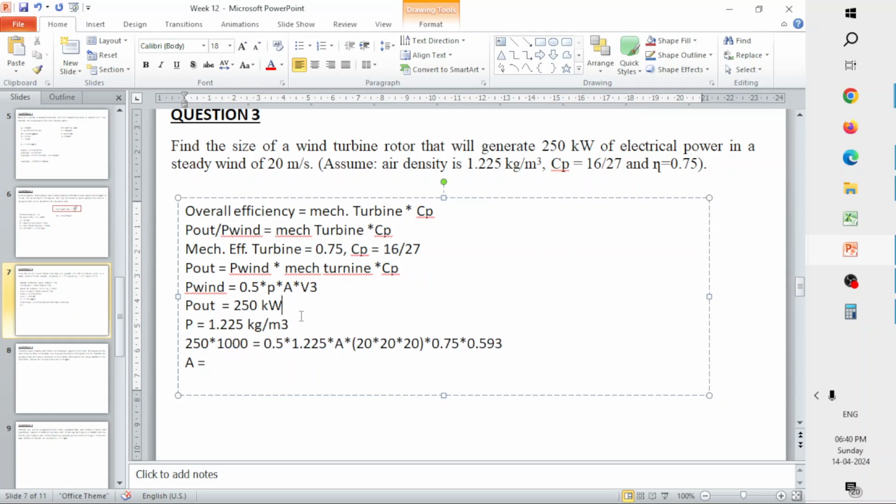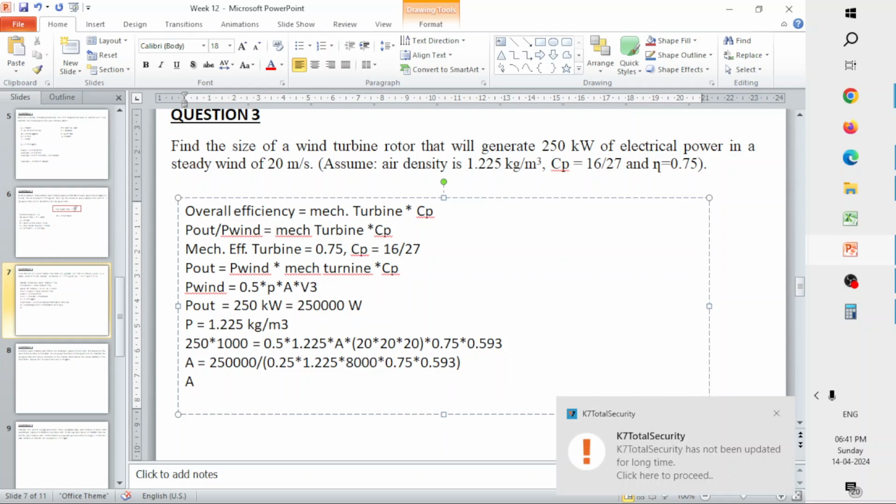So P out is 250 kilowatt, or 250,000 watts. Now 20 into 20 into 20 will be 400 times 20, that is 8,000, times 0.75 times 0.593.